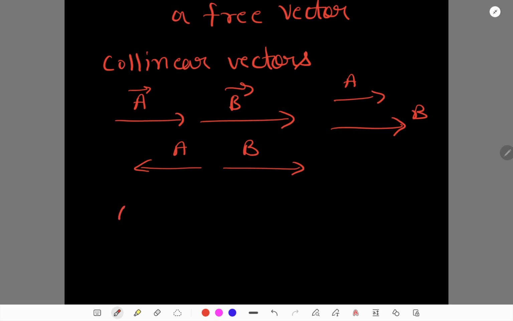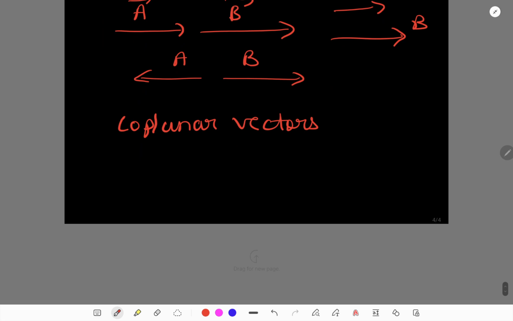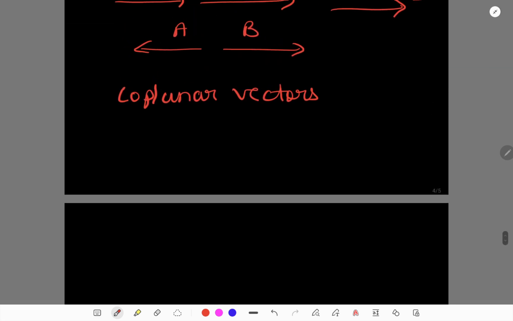Coplanar vectors. Vectors which lie in the same plane are called coplanar vectors.